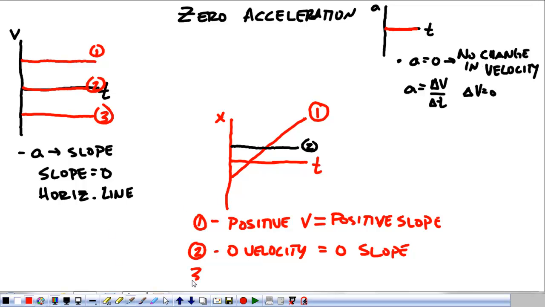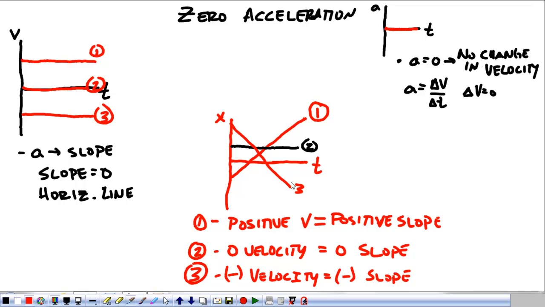And then the last one, 3, negative velocity equals a negative slope. So, negative slope would be anything like this.